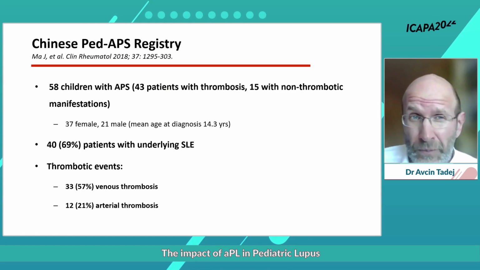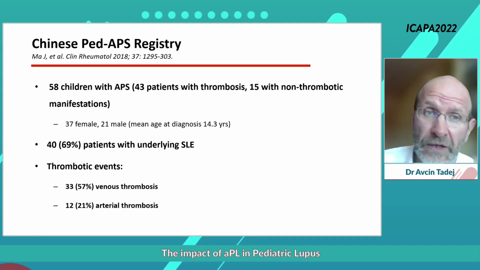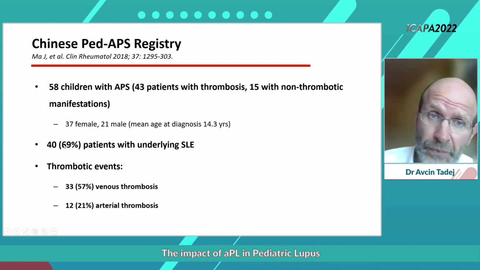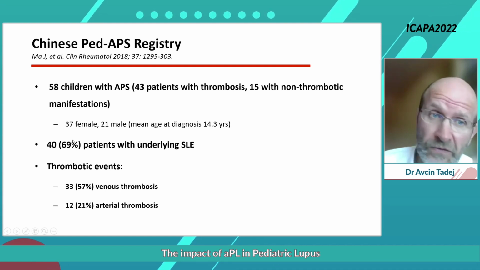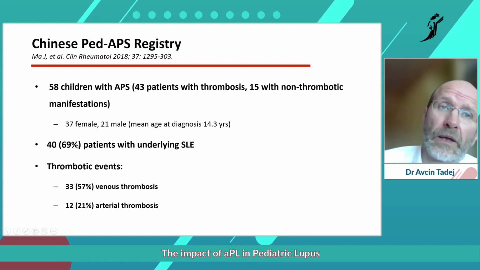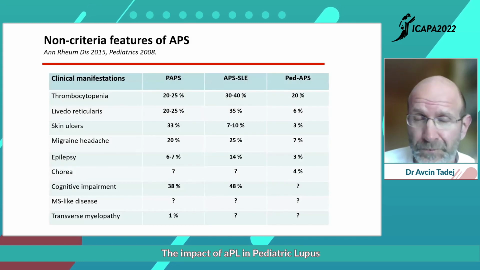These are data from the Chinese pediatric APS registry, including 58 children with APS. In their cohort, the percentage of patients with underlying SLE was even higher: 69% of patients with APS had underlying SLE.